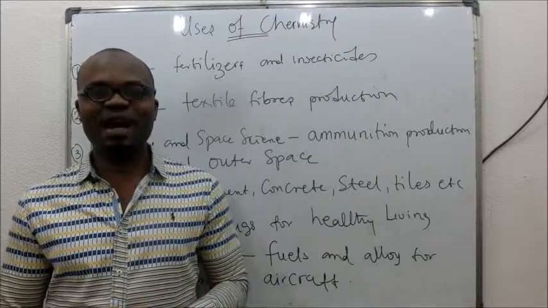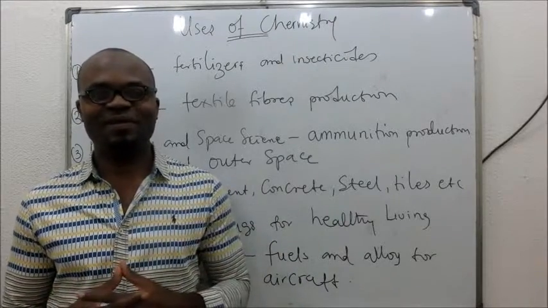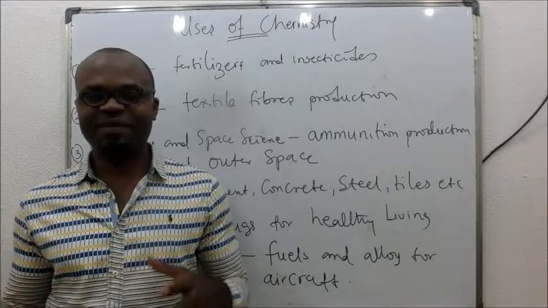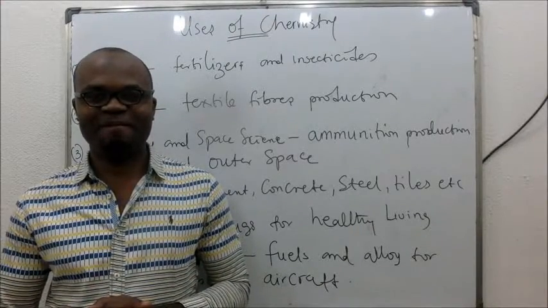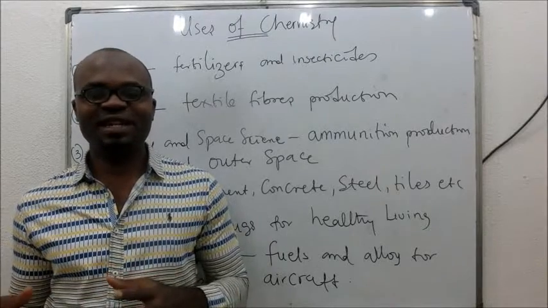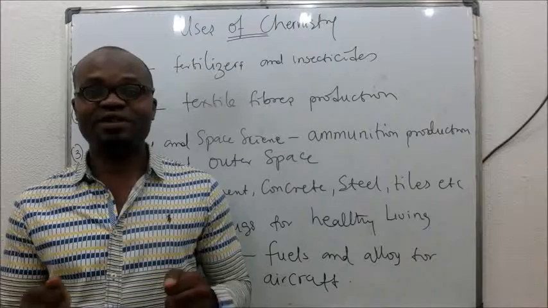If we want to build a house, we need concrete, we need cement, we need tiles. All these things are made from some chemicals. So we need to study them in chemistry. In military and space travel, we need to manufacture ammunitions.